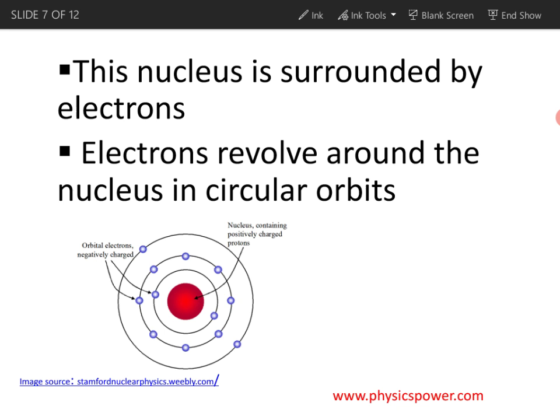So he got one idea: why can't we adopt planetary motion? Just as planets revolve around the sun, similarly electrons revolve around the nucleus. For that he considered circular orbits. Actually, according to planetary motion, planets revolve in elliptical orbits.